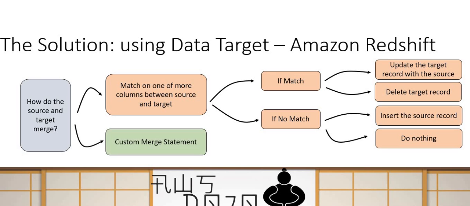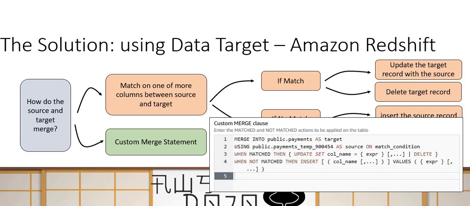The other option is that you can also create a custom merge statement. Simply write a custom merge SQL statement, and the statement looks something like this, where you can do a SQL operation between source and target, and then update your columns in the target.